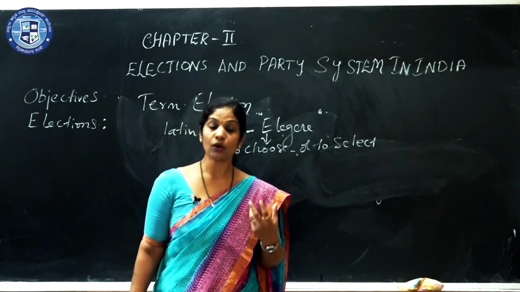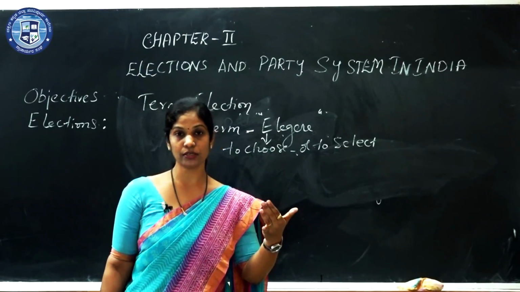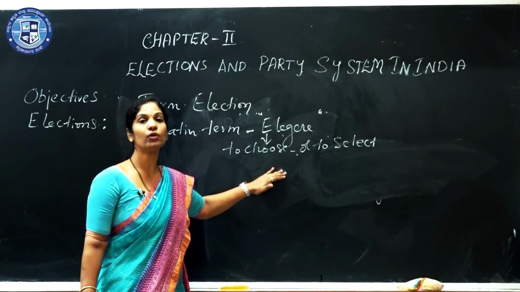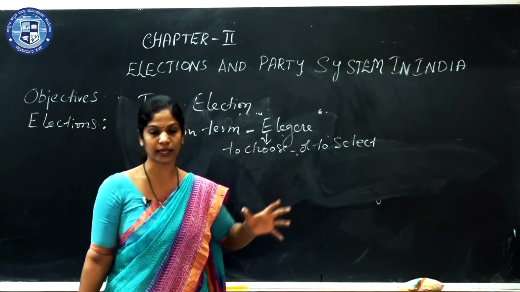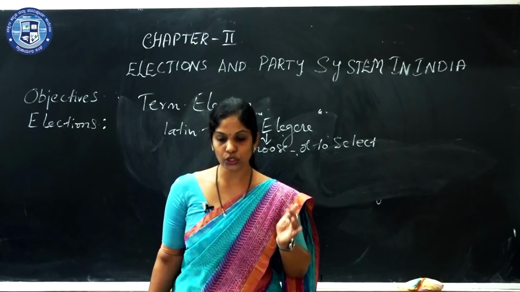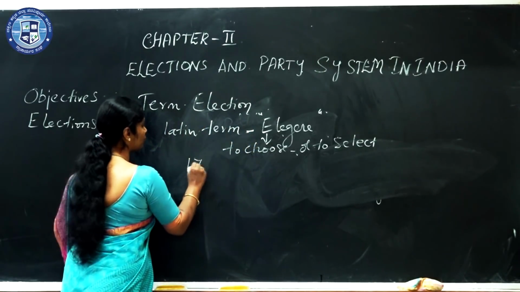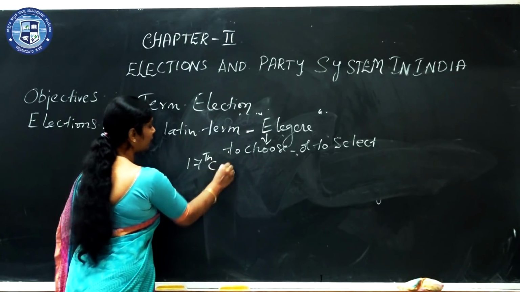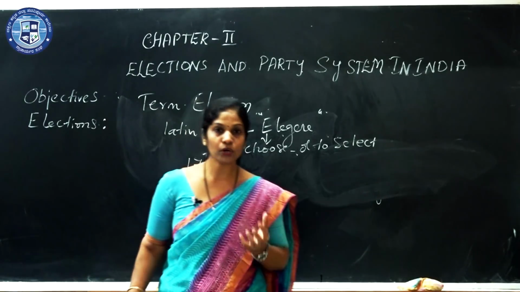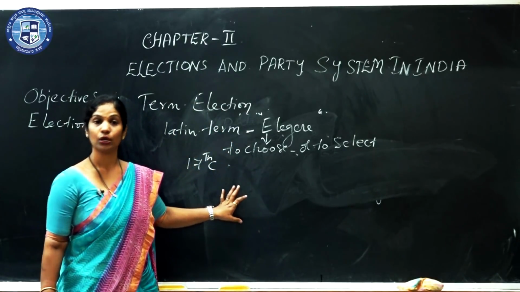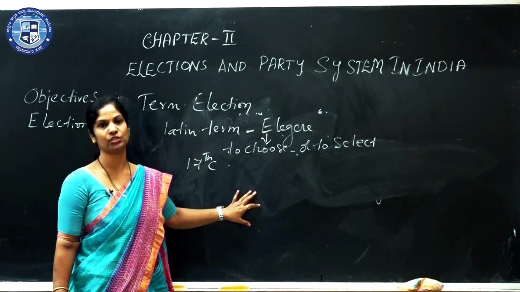So what is the meaning of voting then? If election means to choose the representatives, then what is the meaning of voting? So voting was used to select earlier in the 17th century. We trace back the origin of voting or the elections to the 17th century. That is not new to this particular century.